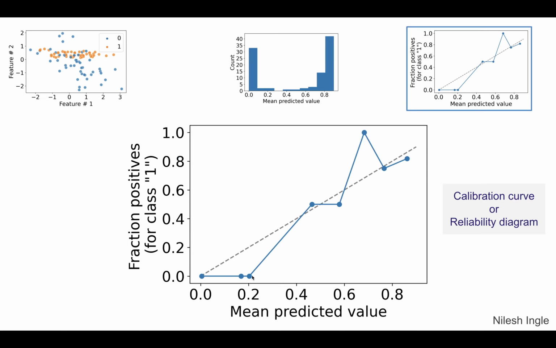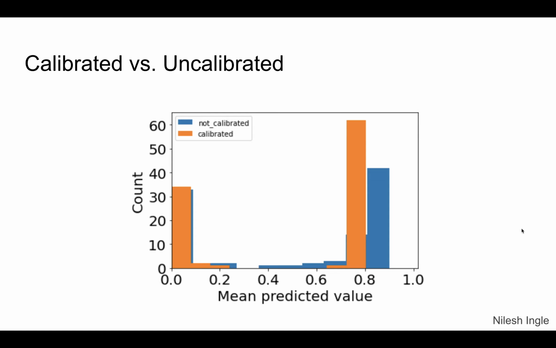Here we can see that this blue line again is moving along this particular dotted line, as we saw in the previous example. Now moving on, here again is an example of a histogram of predicted probabilities before and after calibration. The blue data points are before calibration and the orange data points are after the calibration.